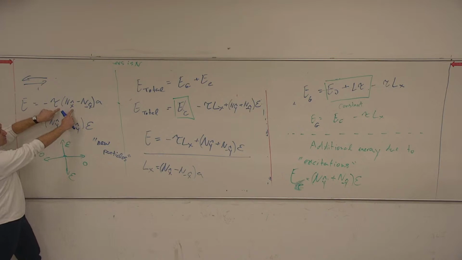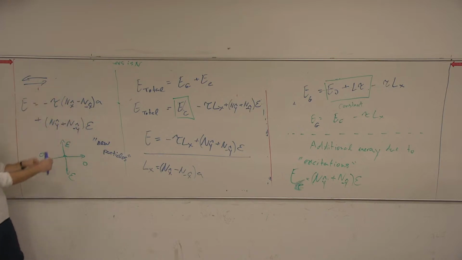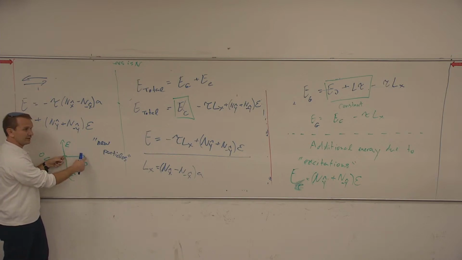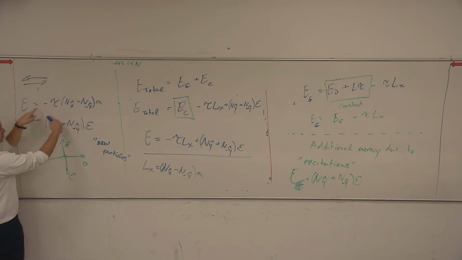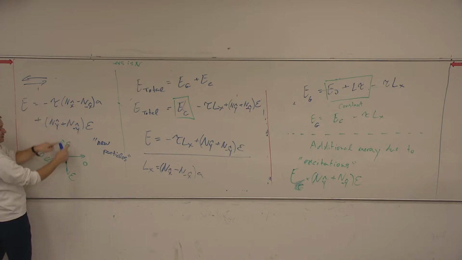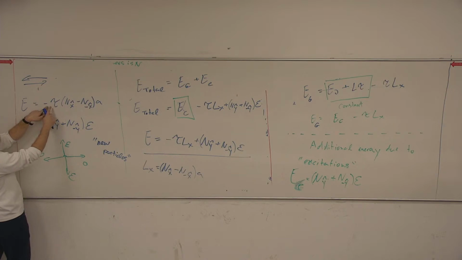Now I also want to represent this as a part of the same sum. So if the particle is pointing from left to right, it's not contributing to this part, but it can contribute to this part. If it's pointing from left to right, how much is the contribution of this particle?